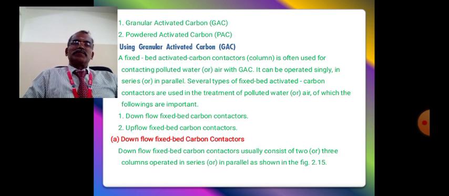A fixed bed of activated carbon contactors, called a column, is used for contacting the polluted water or air with the GAC.